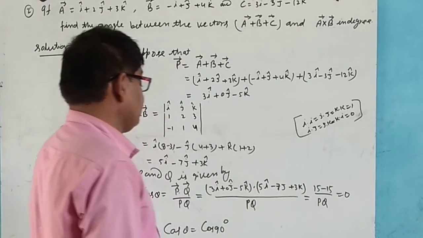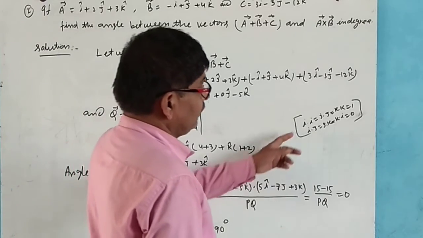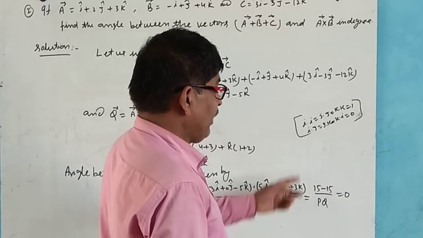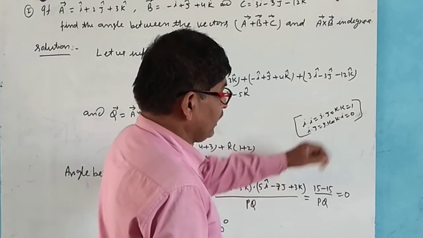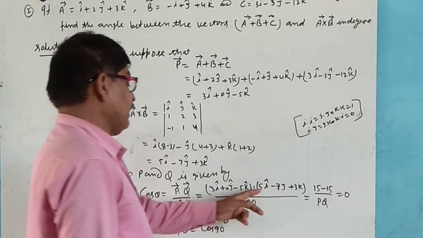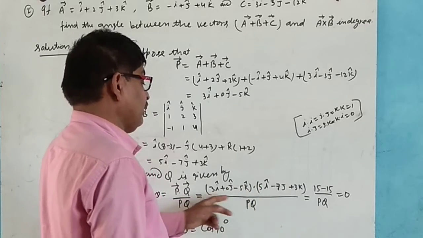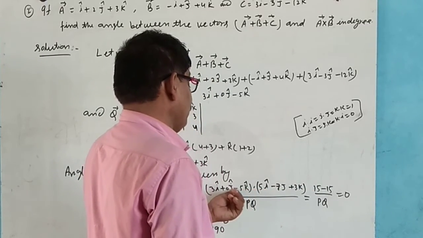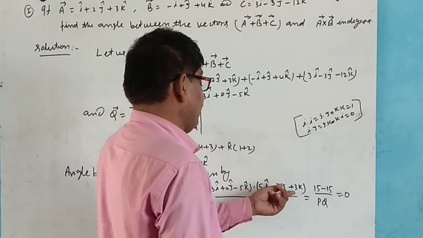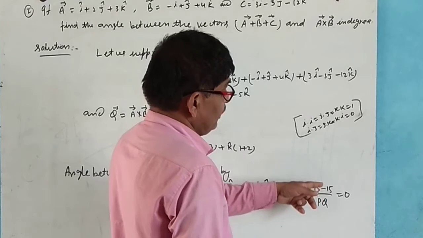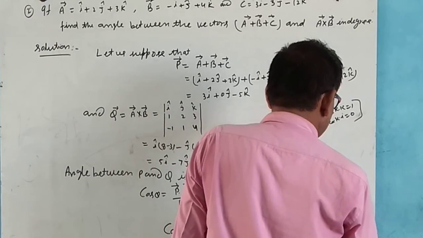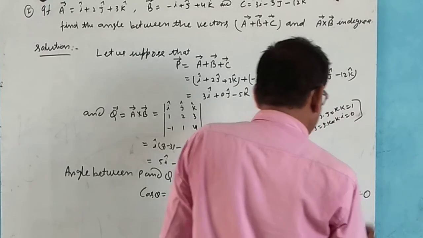As we know, i dot i, j dot j and k dot k equal 1, and i dot j, j dot k, k dot i equal 0. So 5 times 3 is 15, 0 for the j term, and minus 5 times 3 is minus 15, so 15 minus 15 divided by PQ is 0.